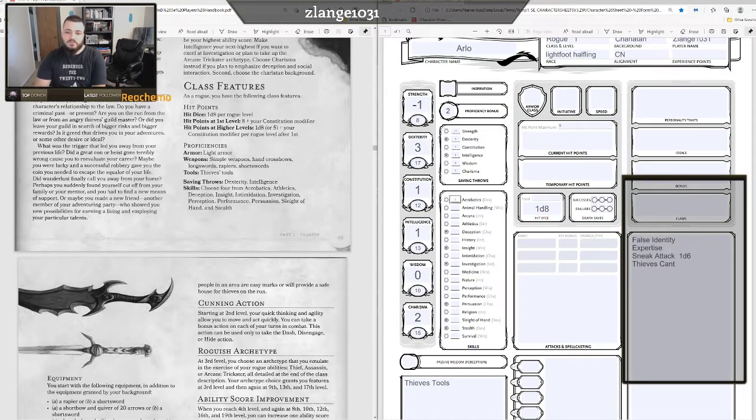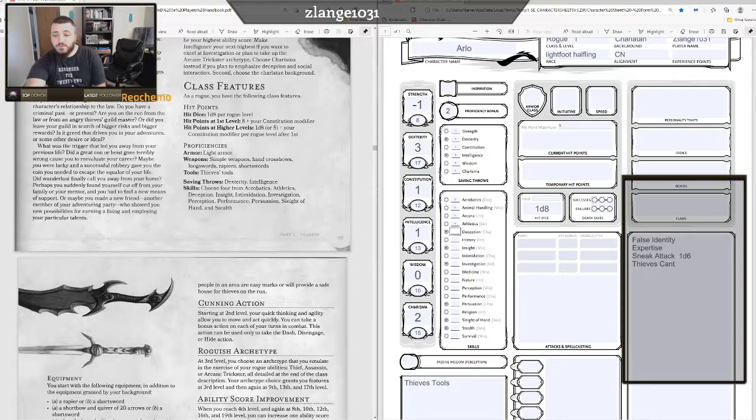We're going for more of a charismatic, less nimble rogue. So that's okay. So acrobatics, dexterity modifier 3. That's not a 3. That is a 6. 3. Animal handling, wisdom 0. Arcana, intelligence 1. Athletics, strength -1.